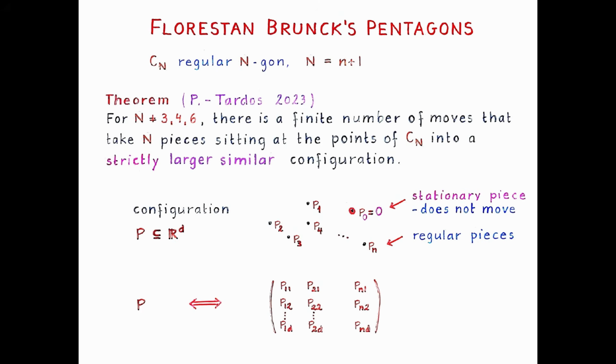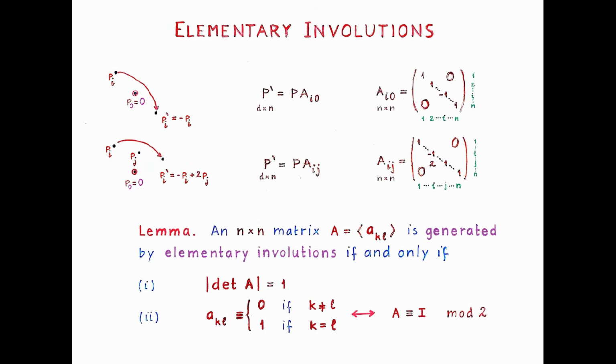And the approach, which I assume that if you learn linear algebra, you guessed, is that you have to check what happens if you do an elementary step. If a grasshopper jumps over another grasshopper, then it corresponds to multiplying the configuration matrix by a very simple matrix, which is almost like the identity matrix with some changes.